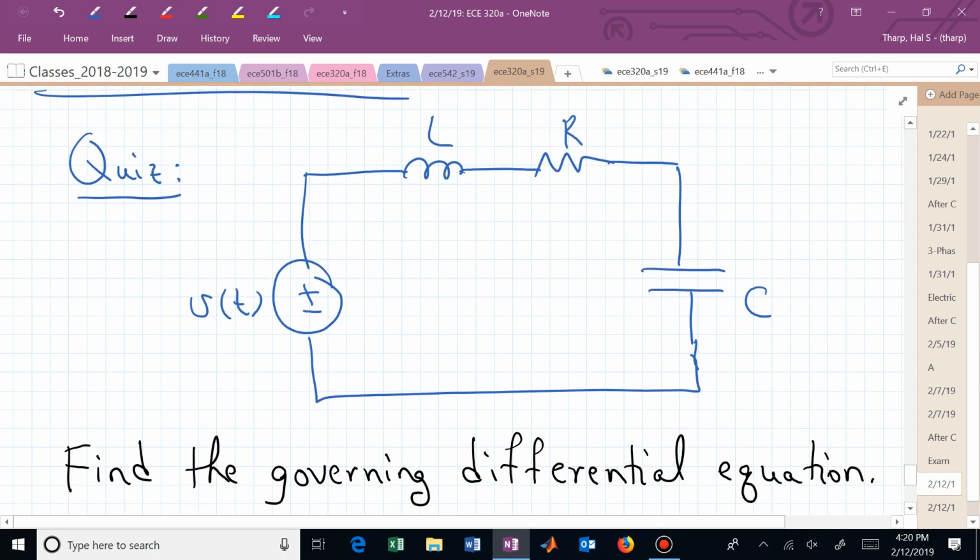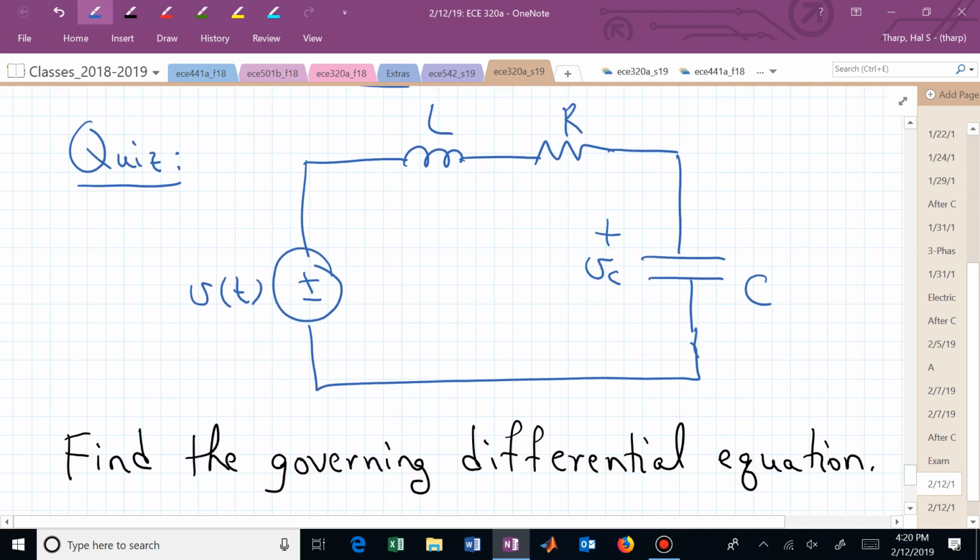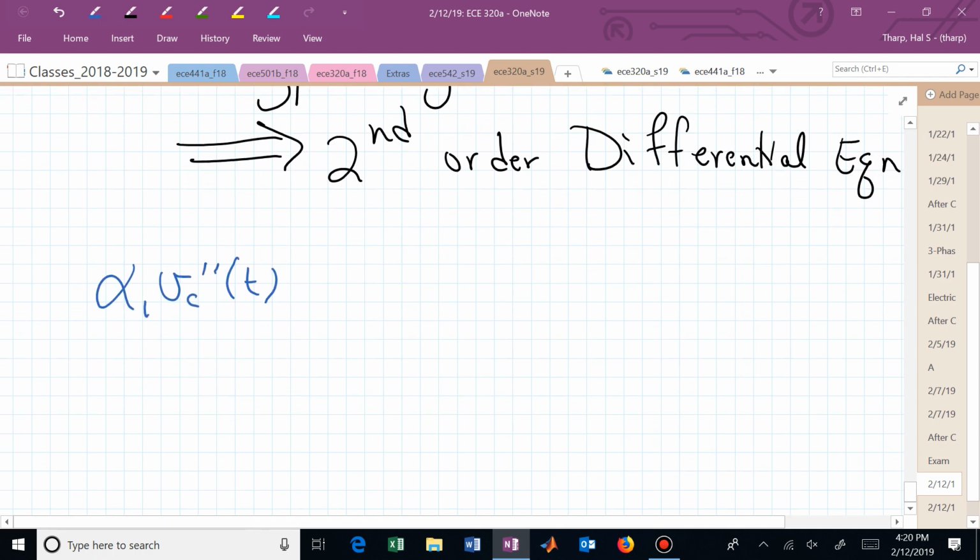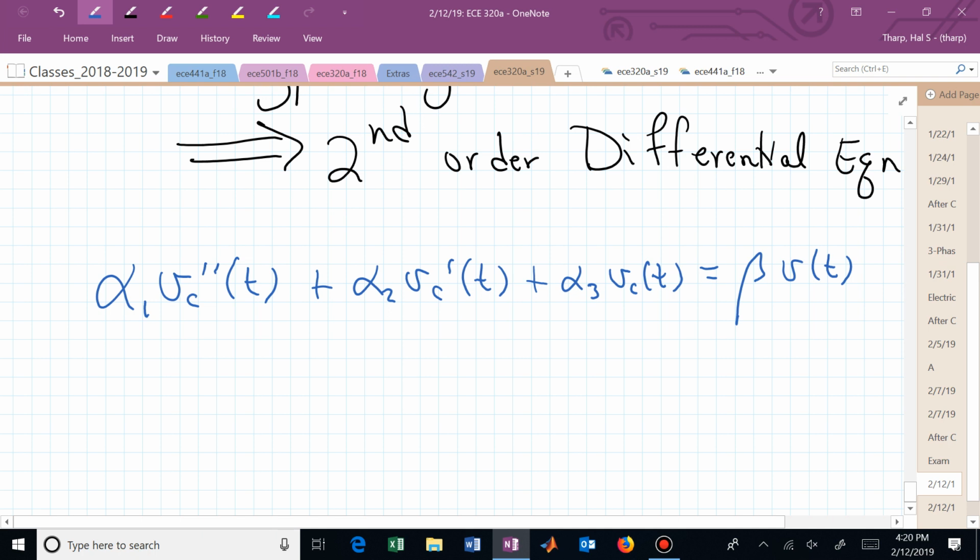Let's just call that the voltage across the capacitor. That's V sub c of t plus alpha 2 V sub c prime of t plus alpha 3 V sub c of t equaling, let's just say, beta V of t.